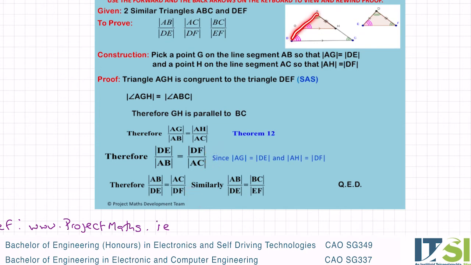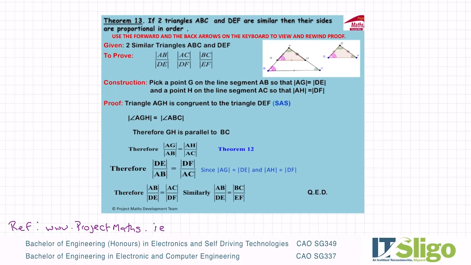AB over DE is equal to AC over DF, which is equal to then BC over EF. And it's perfectly fine to say similarly on that one because it's using the same principles that side also comes into it. And that then is the proof of Theorem 13.